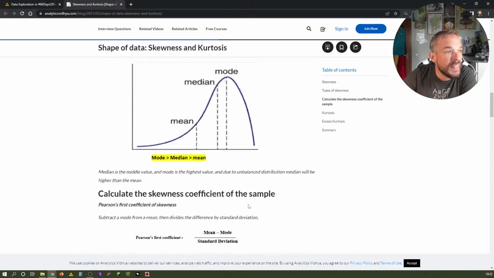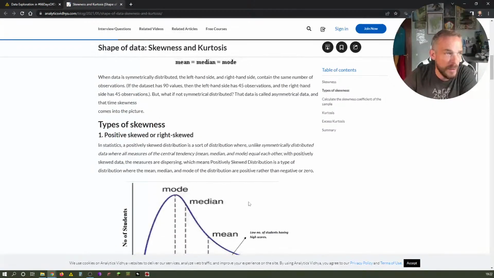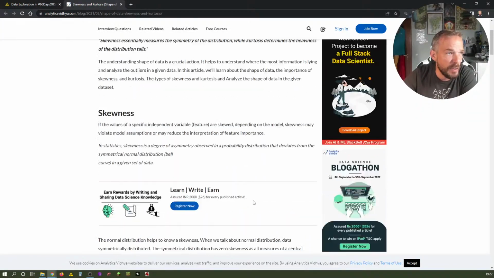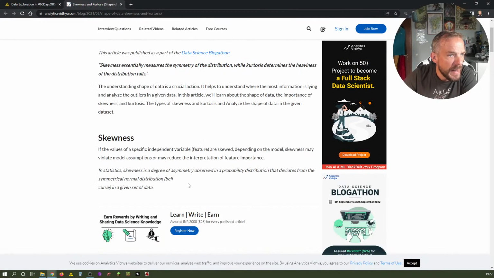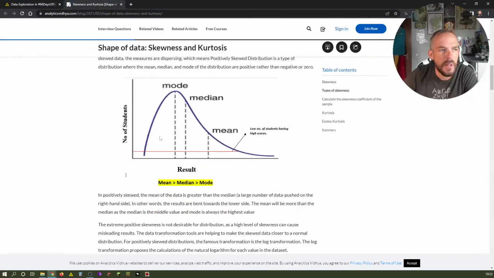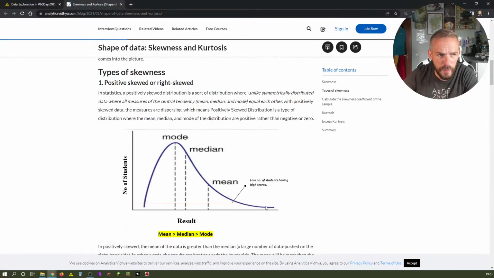So what does that tell you about your data set? Maybe that's the question you have in mind. Basically, it gives you an insight into how evenly shared your data is. And if we consider this positively skewed data set, where a few people with very good grades are outliers, you don't want to make them the standard.